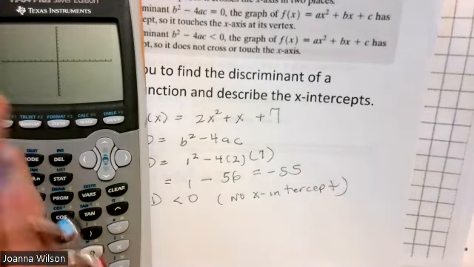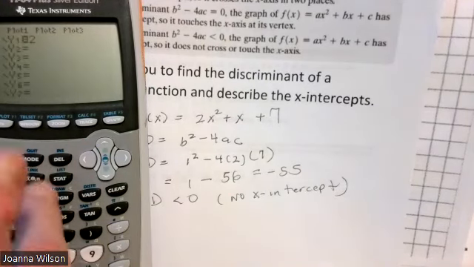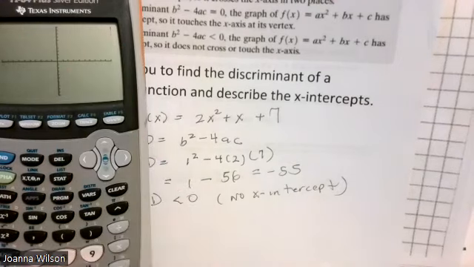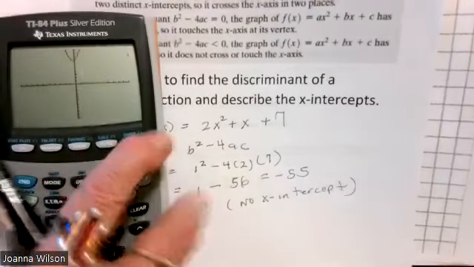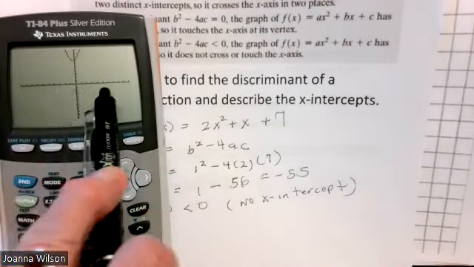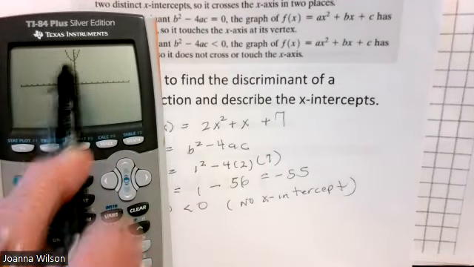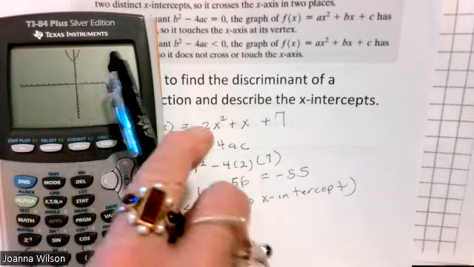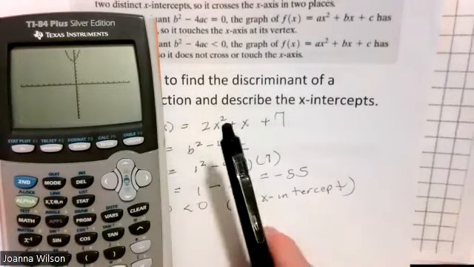And so I've got 2x squared plus x plus 7. And see, there it is, and it's not going to touch this x-axis.